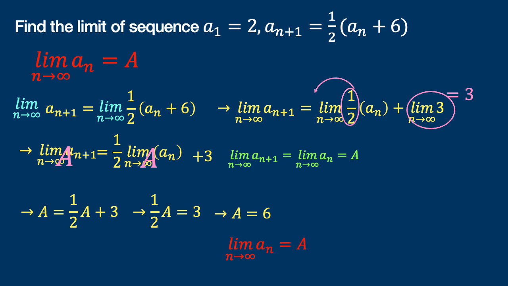So the limit as n approaches infinity of a_n equals a, and we find a equals 6. The limit of this sequence is going to be 6. We found the limit of this recursive sequence by using the monotone convergence theorem. With the monotone convergence theorem, you have to prove the sequence is bounded and monotonic.